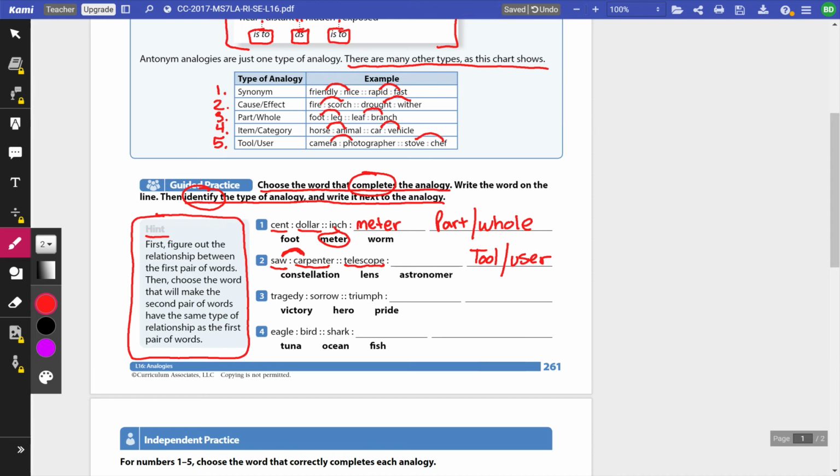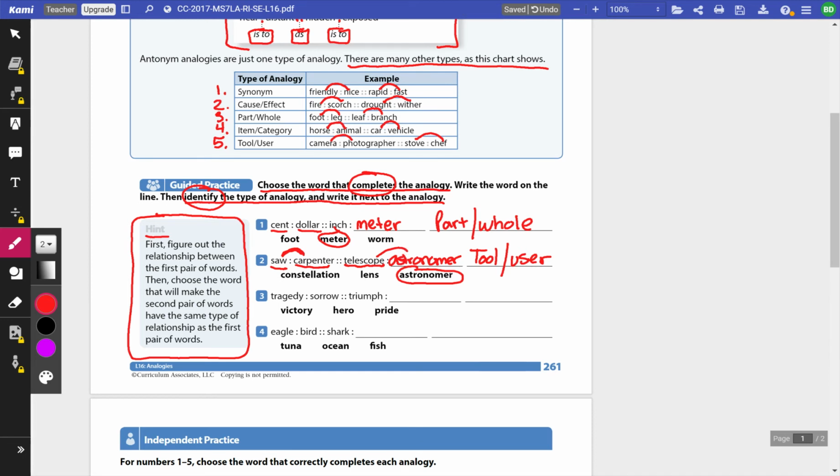So we know the second part of that analogy has to be tool to user also. So we have a telescope, which is a type of tool. So who would use a telescope? If you said astronomer, you would be correct. So saw is to carpenter, as telescope is to astronomer.